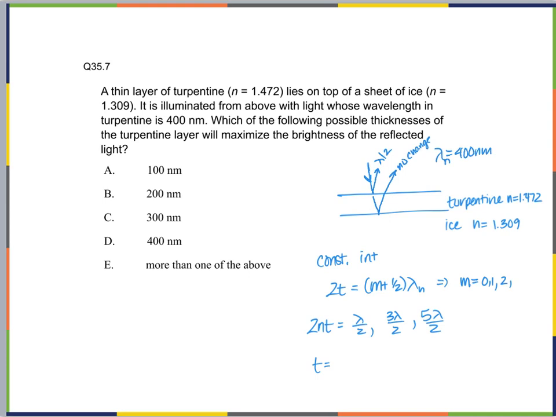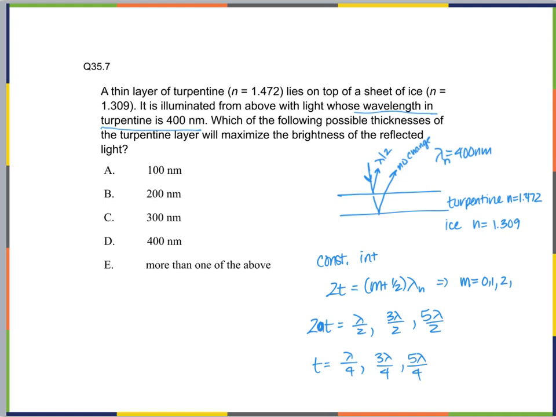So that means that I actually don't need to put the n right here. And so then our thicknesses end up to be lambda over 4, 3 lambda over 4, and 5 lambda over 4. Again, the reason is that they actually gave us the wavelength in turpentine. So they already divided by the index of refraction to get that wavelength.